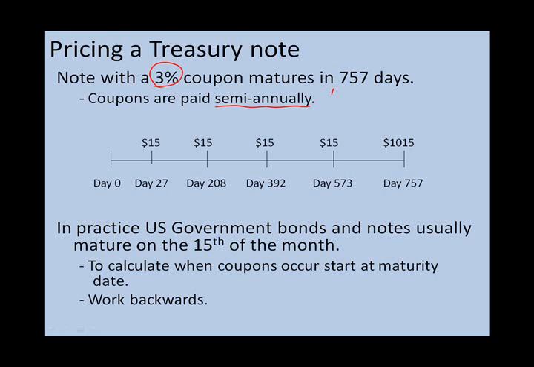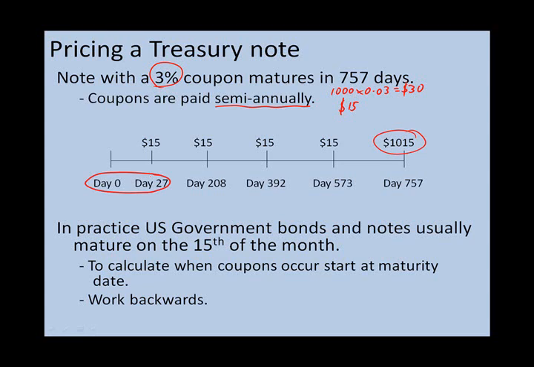3% of $1,000 is $30. But this is paid semi-annually. In other words, you're going to receive $15 every 6 months. And on this timeline, I have plotted the $15 payments together with the principal repayment at maturity.